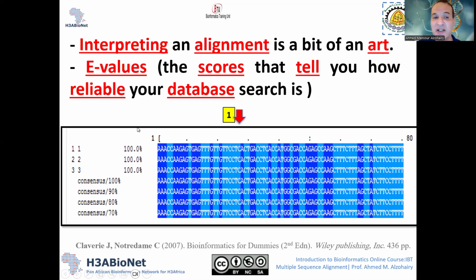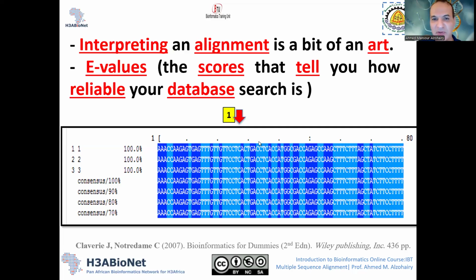Okay, interpretation, as we always say, in alignment is a bit of art, not just science. It's a bit of art, but this art is actually based on science. So that's why you have to use it carefully. The second very important thing is E-values. The E-value means, for people who don't know, the score that tells you how reliable your database search is.